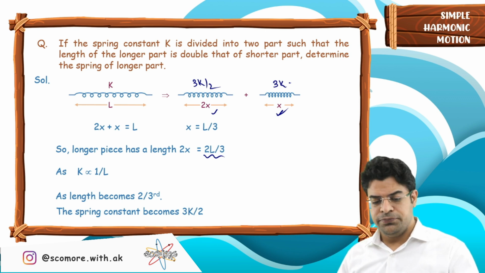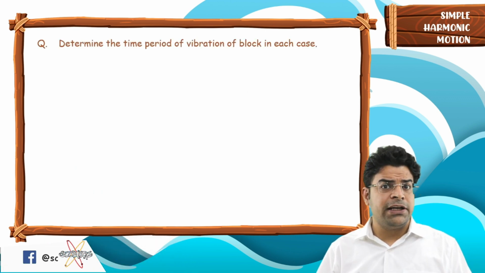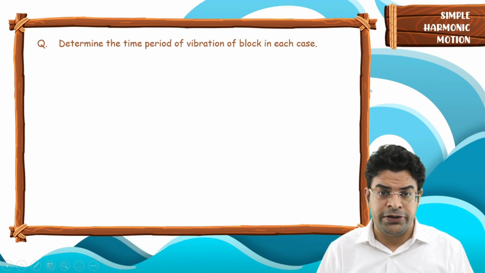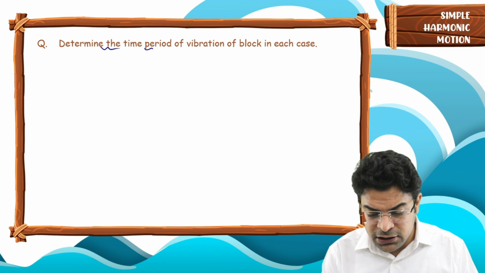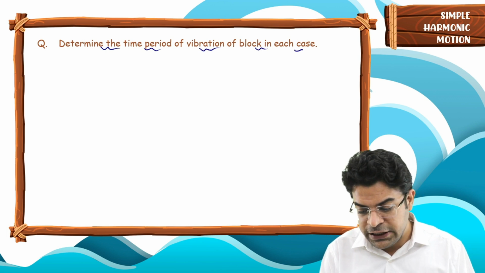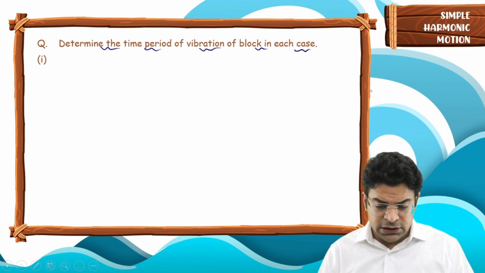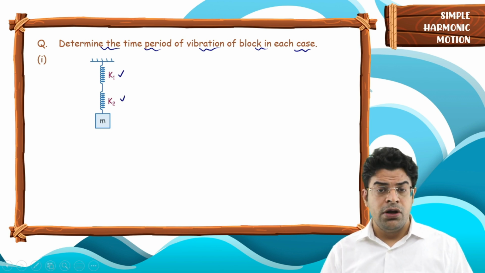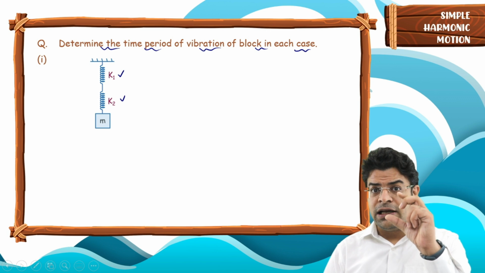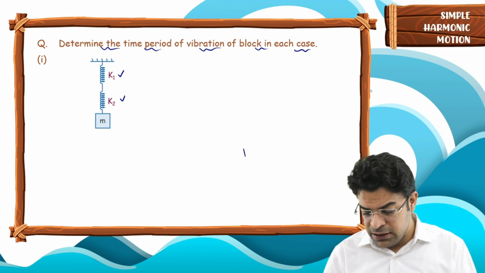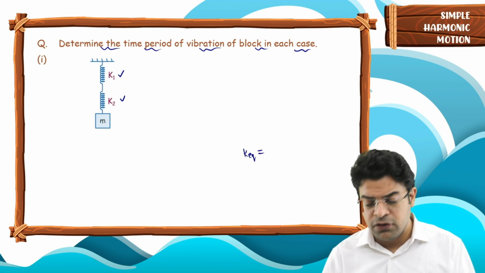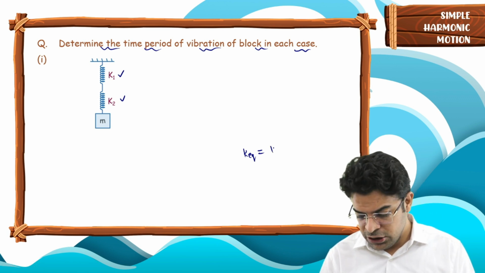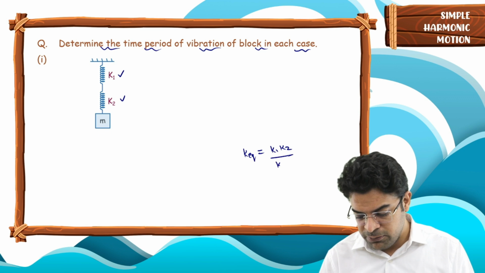So let's move on. Now let's practice few questions based on series and parallel combination of springs. So question goes like, determine the time period of vibration of block in each case. So in this first case, you can see we have got two springs connected in series. For two springs connected in series, rather than visualizing both of them, I can think of a single spring having spring constant equals to K1 K2 upon K1 plus K2.